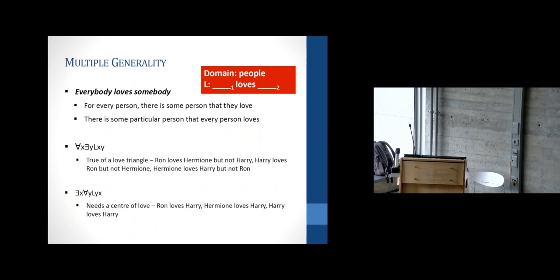Yes. For the first sentence, it could also be true if A and C both love B, and B loves one of them, right? Right, yeah. Because otherwise the sentence would have to be: for every person, there is some person that loves them. Right, you're right. Love triangle is one example, but there are other examples that capture this.